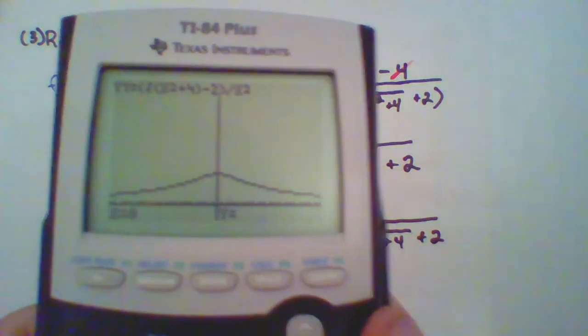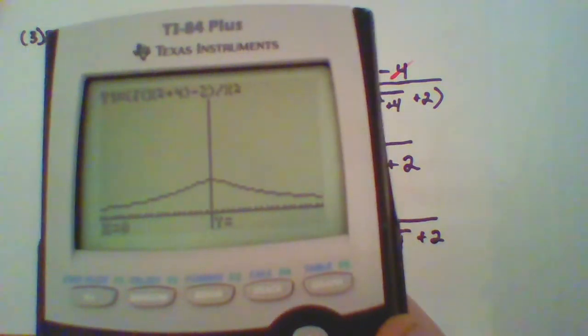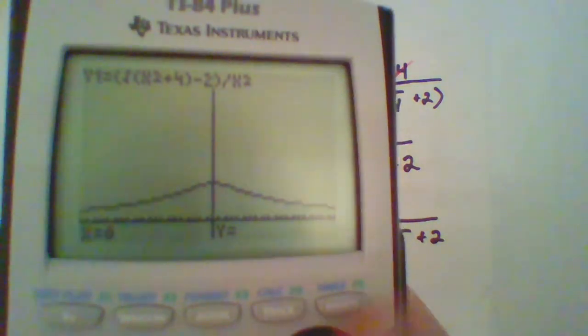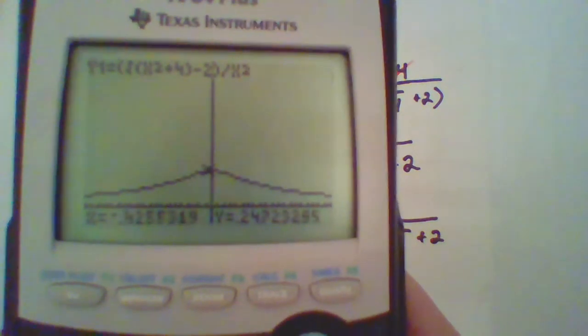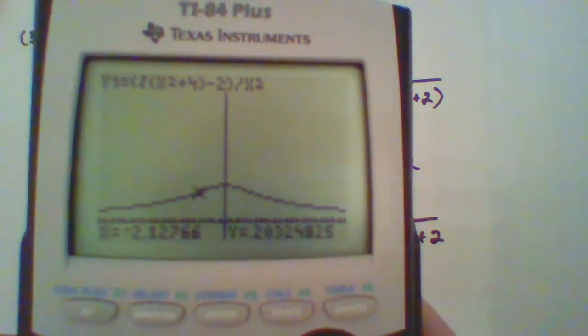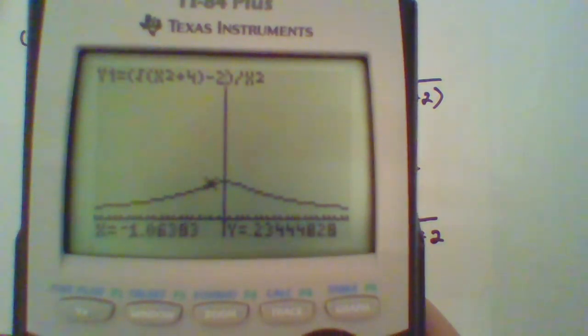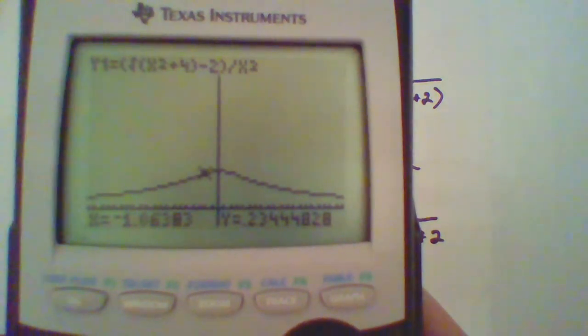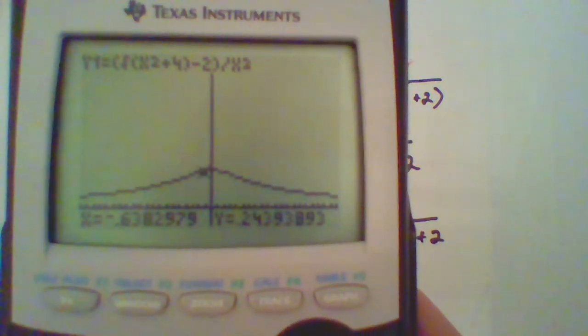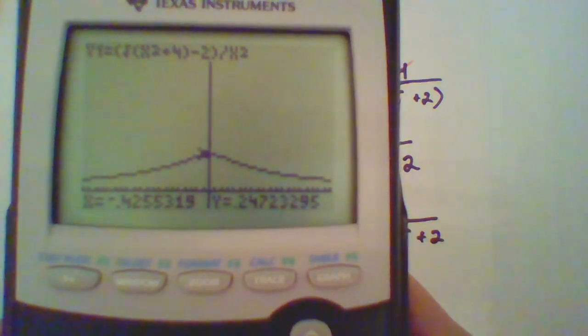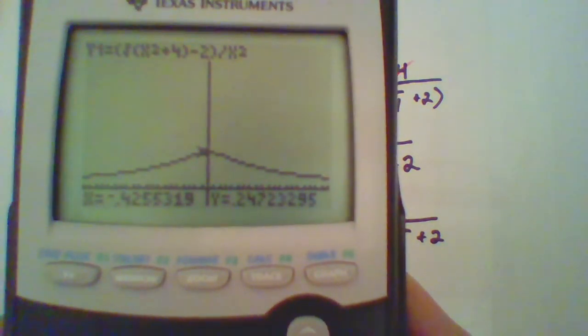And I've got a graph of this function right here. You'll notice that as I get the x closer to 0, the y values are getting closer and closer to 0.25, which is 1/4.